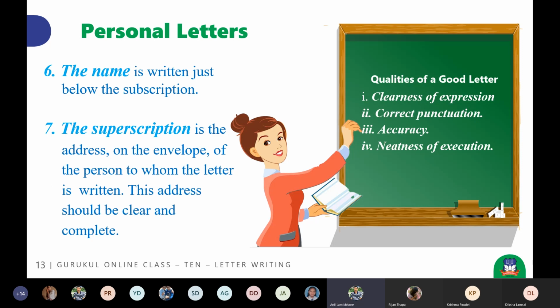Then salutation, body with various paragraphs, then subscription and name, and then superscription, which can be on another page. If you finish on the second page, there is space there. When you design this envelope, you can design it in an artistic way also. So these are the parts of the letters.